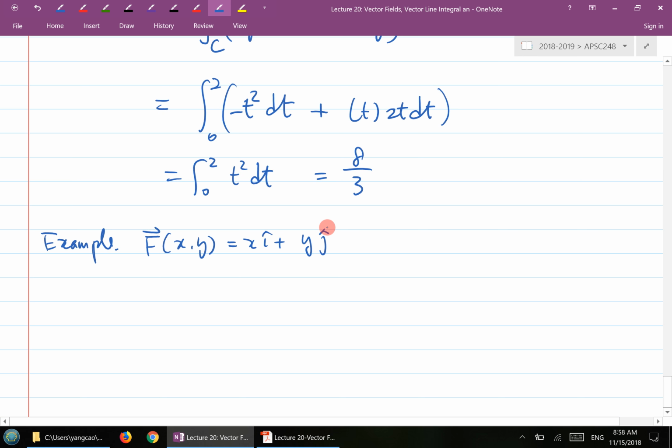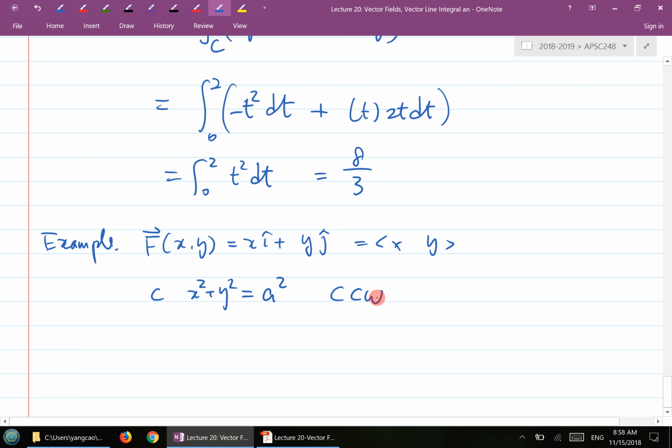Here's a vector field, basically x, y. And curve C, instead of giving you as a parametric equation, this time the curve C given to you is basically a circle around the center with a radius of 8. Let's call it counterclockwise.